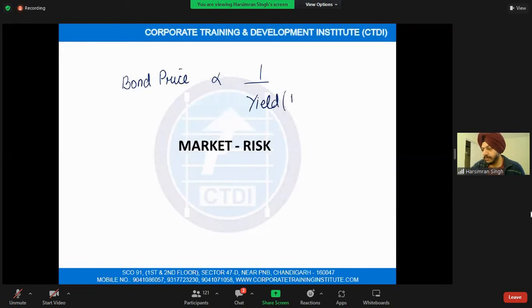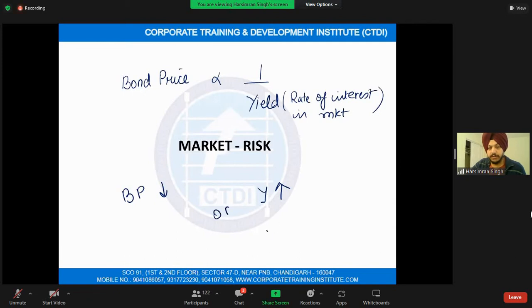Yield means rate of interest in the market. That means if yield goes up, bond price will go down, or if yield goes down, bond prices will go up.